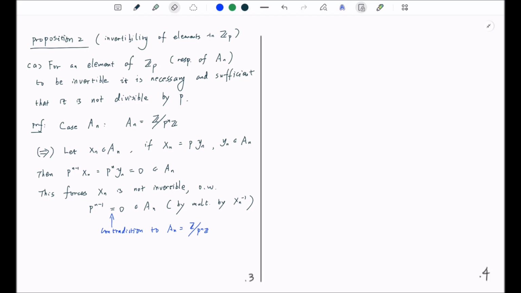For the backward direction, if x_n in A_n is not divisible by p, then if we view x_n as an integer, this integer is coprime to p.